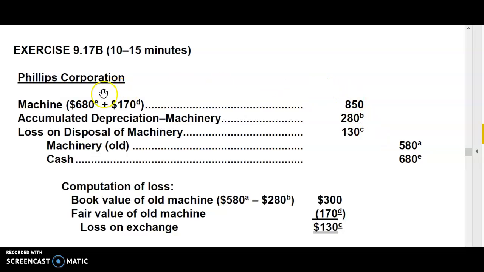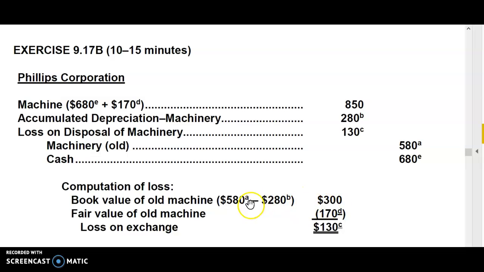Then we are getting a machine, and we're going to put the machine that we're getting for the $680 that we paid with cash plus the fair market value of the machine that we gave up.